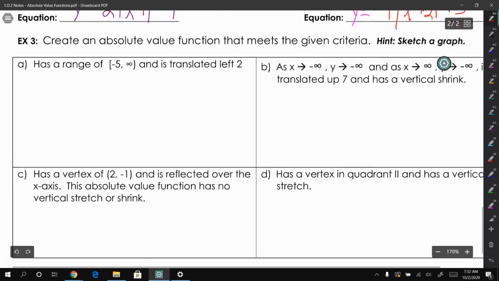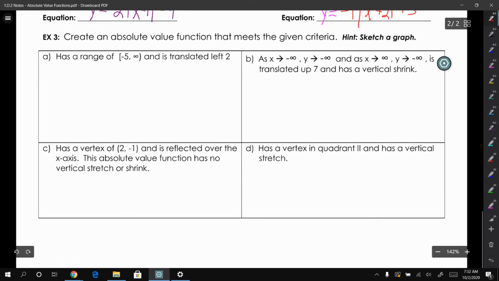Finally, we're going to create some absolute value graphs based off of the information here. So when this one says this has a range of [-5, infinity), this tells us two things. Because the range goes up to infinity, that means a is positive.